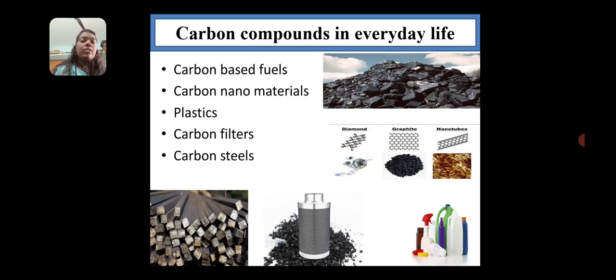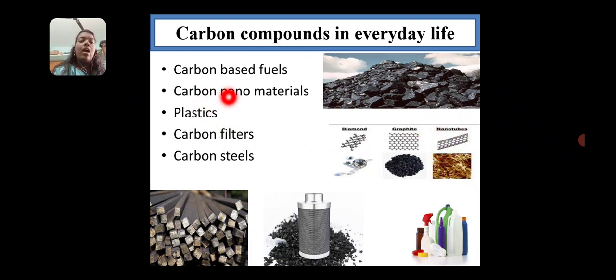Next, we are going to discuss carbon compounds in everyday life. Carbon based fuels, for example charcoal, are one application. Carbon is also available in nanomaterials, such as diamond and graphite, and these carbons are used to produce nanotubes.